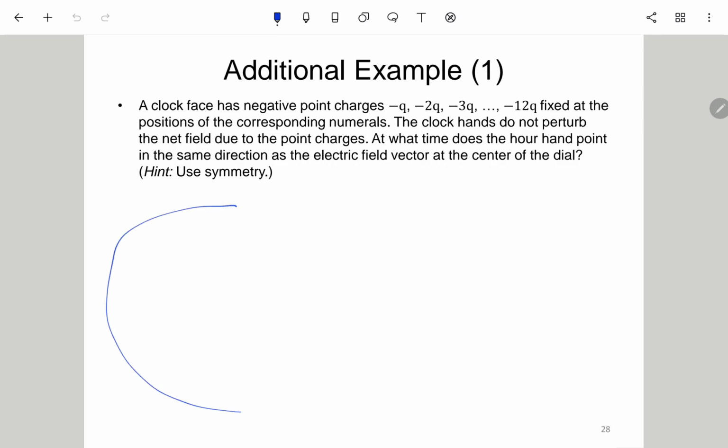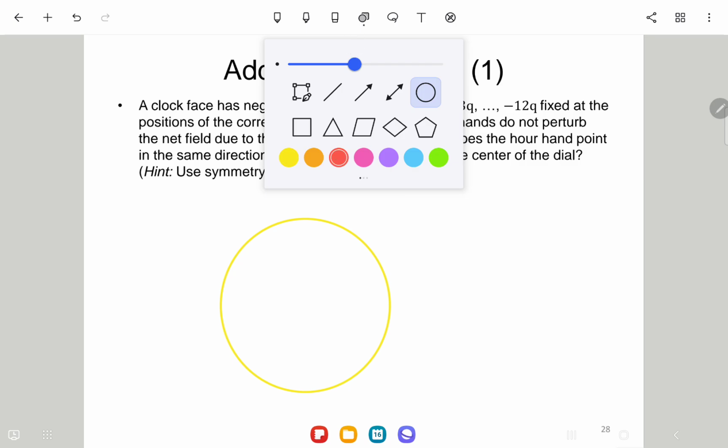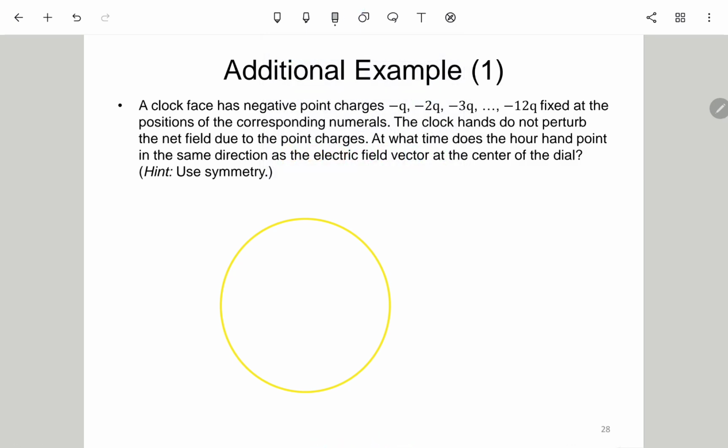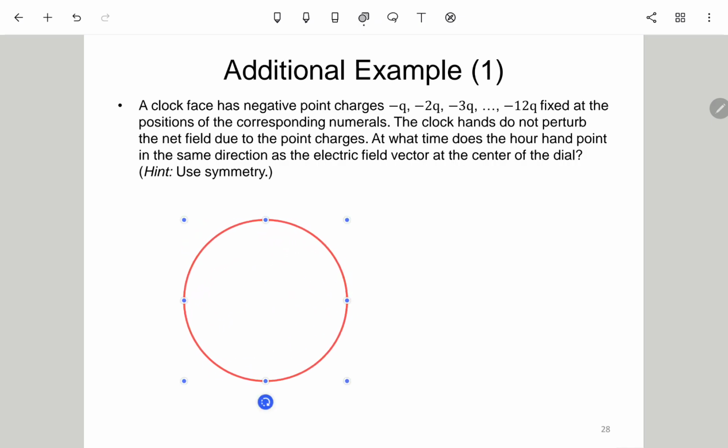Okay, so here we have a clock. Should be something like this. Okay, so here we have a circle, and just like the clock, we have 1, 2, 3, 4, 5, 6, 7, 8, 9, 10, 11, 12.